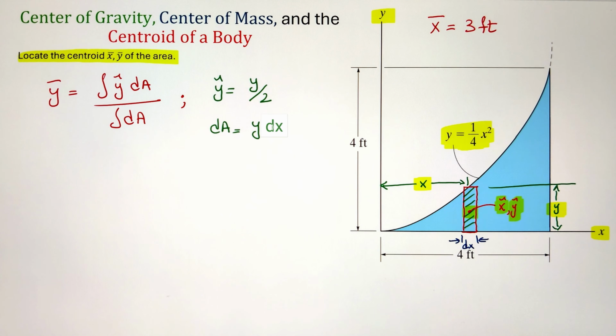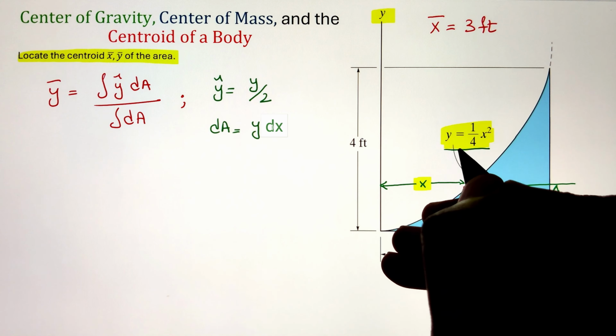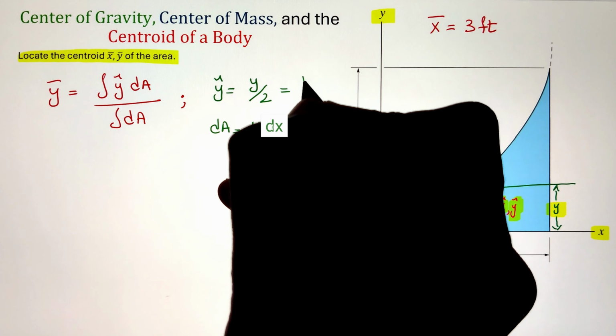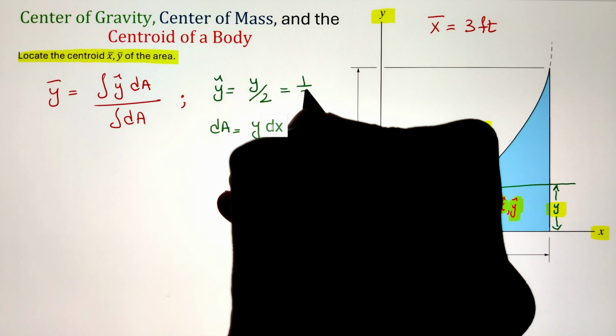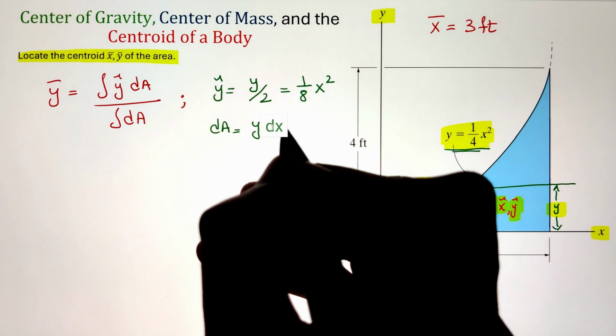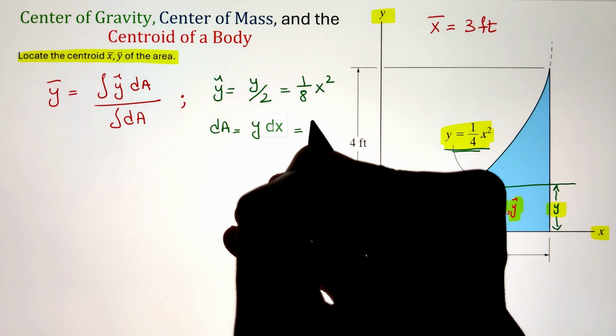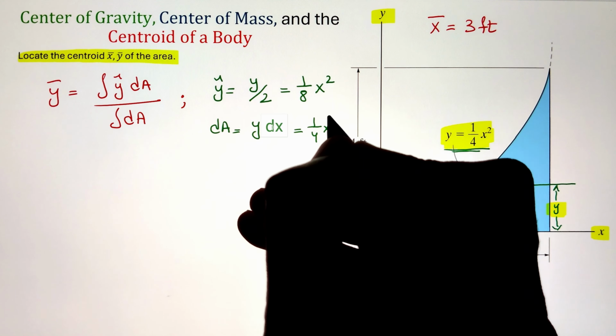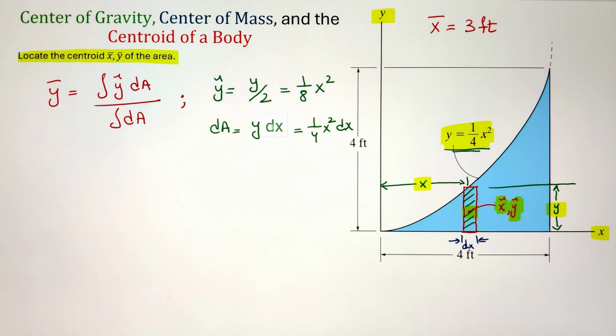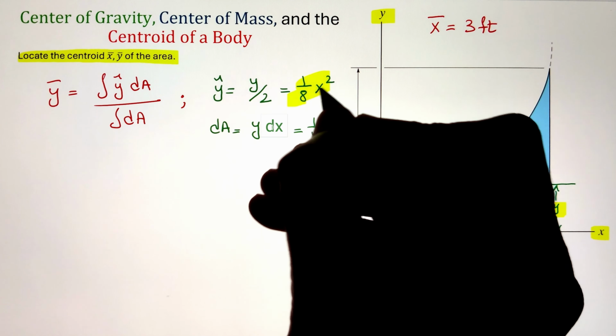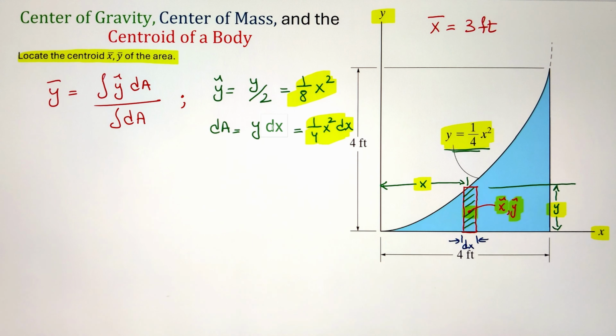Now again, we want to replace y in terms of the variable x since we will be integrating with respect to dx here. So our y prime will be equal to 1 over 8x squared, whereas dA is equal to 1 over 4x squared dx.